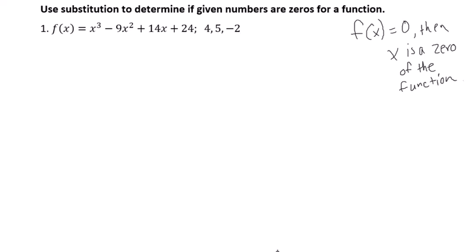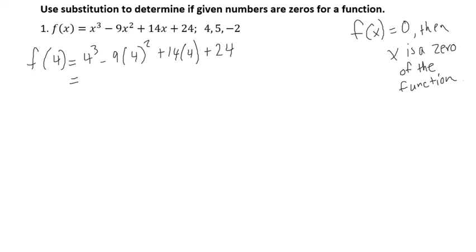All right, so let's go ahead and jump right in. Let's start by plugging in 4. So we get f of 4 equals 4 to the 3rd minus 9 times 4 squared plus 14 times 4 plus 24.